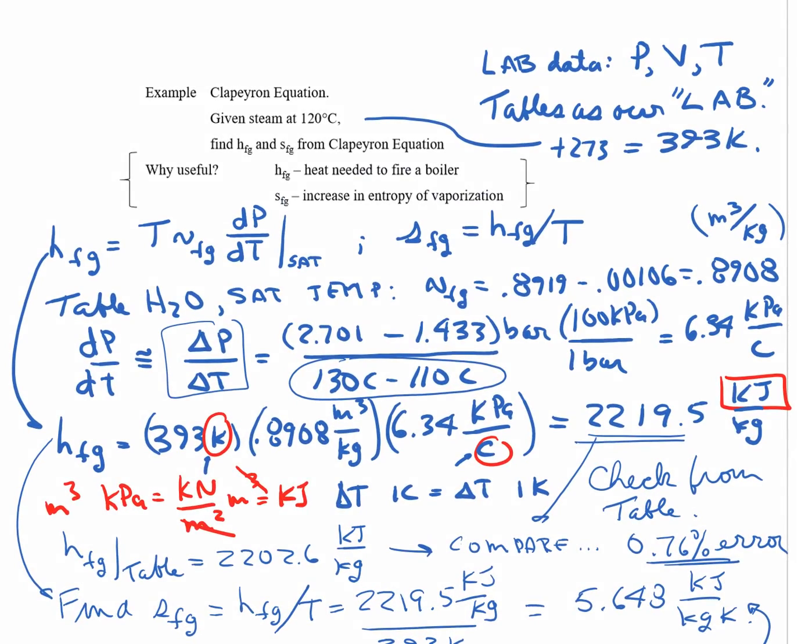Let me recap. We're using the Clapeyron equation to look at HFG and SFG for steam at a particular temperature. And we're using the tables as our laboratory. So we found the specific volume and the pressure derivative with respect to temperature as an approximation.